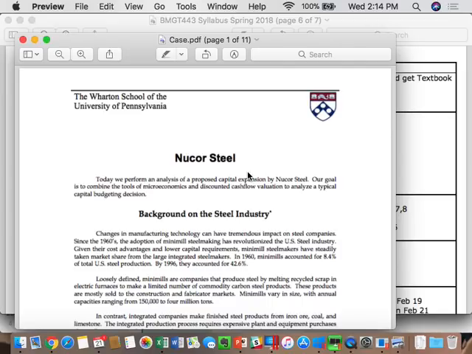But here's the thing, market dynamics matter because the steel industry is a commodity industry. So if we dump a bunch of new steel into the industry, the price is going to change, right? So when we do our DCF, we can't use the current price. We have to figure out what will be the new price when we put a bunch of new capacity into the industry, because that's going to be important for our cash flow forecast and our DCF.